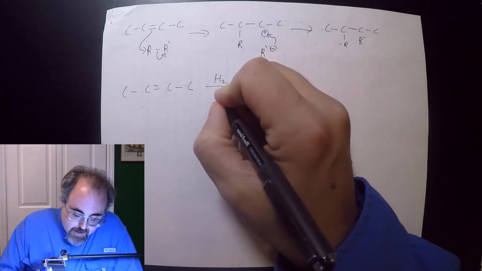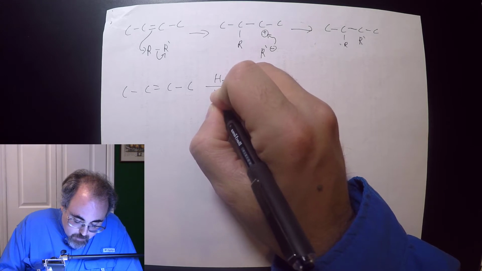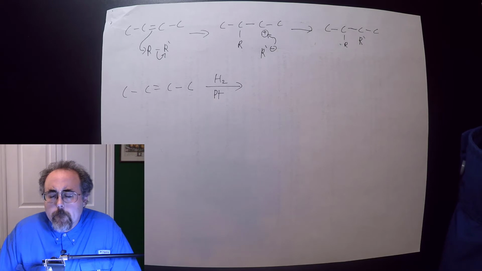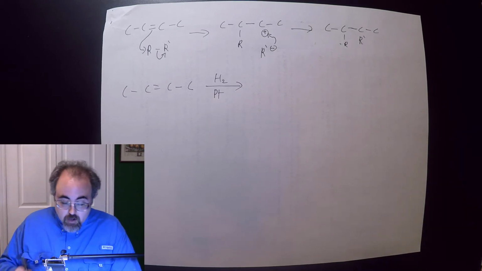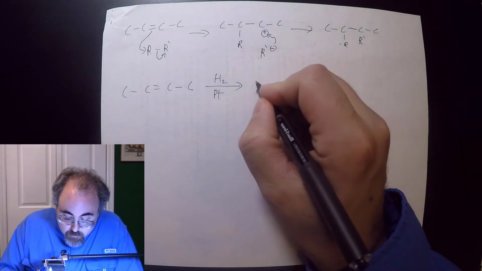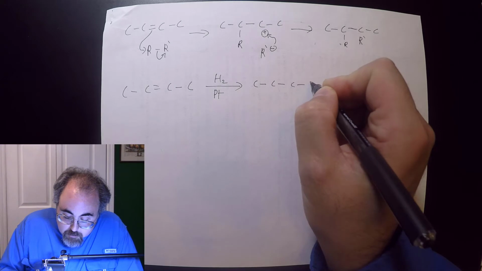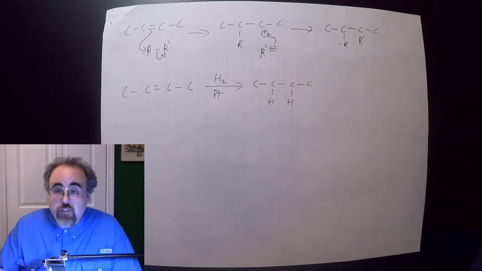So in this case, I've got hydrogen. I'm going to need a catalyst, and that's going to be platinum. I could use nickel or palladium, I believe it is. And in this case, with that catalyst, which I believe I have talked about in a different video for one of my other survey classes, I am going to be adding those hydrogens onto that double bond.